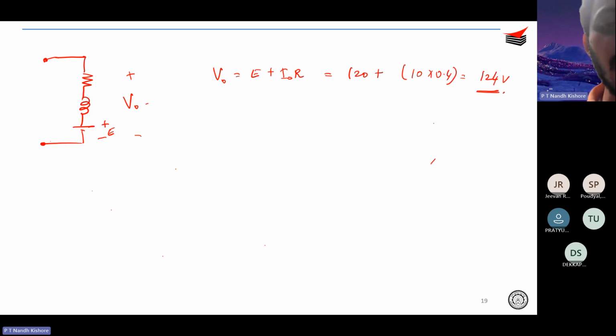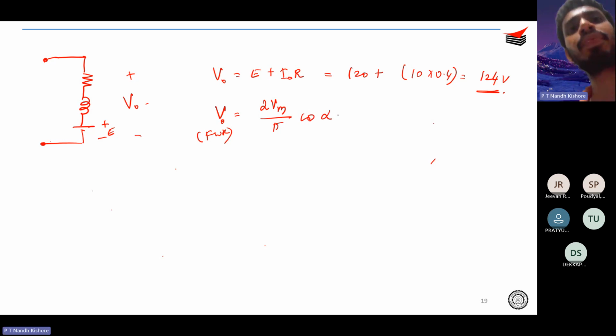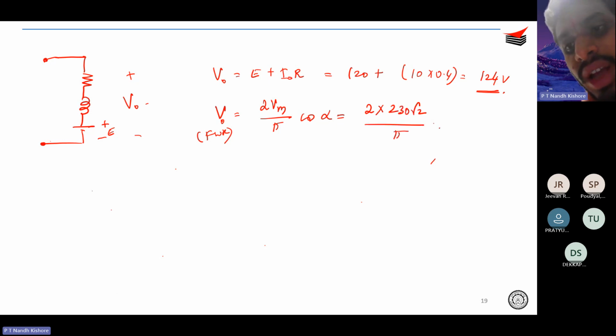Right. On the other hand, you had a single phase full wave rectifier, wherein the V naught is given by 2 Vm by pi cos alpha. You need to find out what is alpha. So this is 2 into Vm, which is 230 root 2, over pi times cos alpha, right? So equating these two, you can get alpha, right?